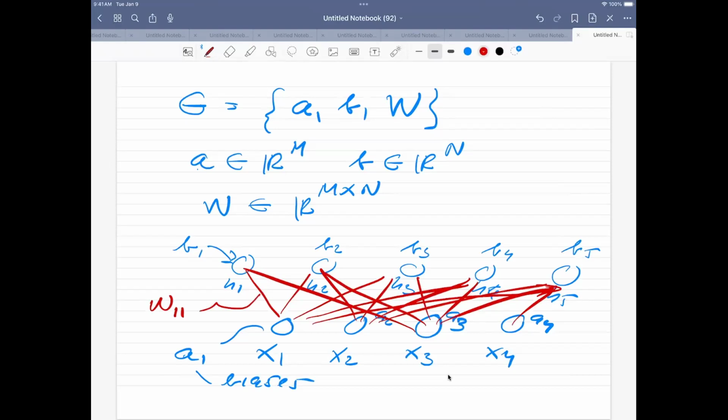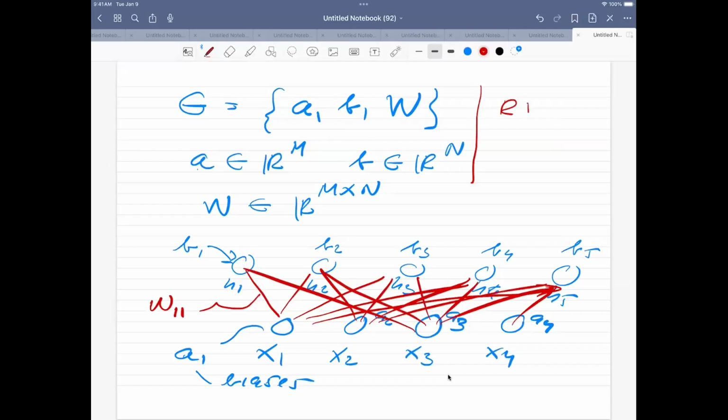Now, you can make this model more complicated. You can actually have interactions between the nodes in the same layer. So you can have inter-layer connections and intra-layer connections. But that makes the model much more complicated to train. So what you see here is normally called a restricted Boltzmann machine, restricted because you have only inter-layer connections.